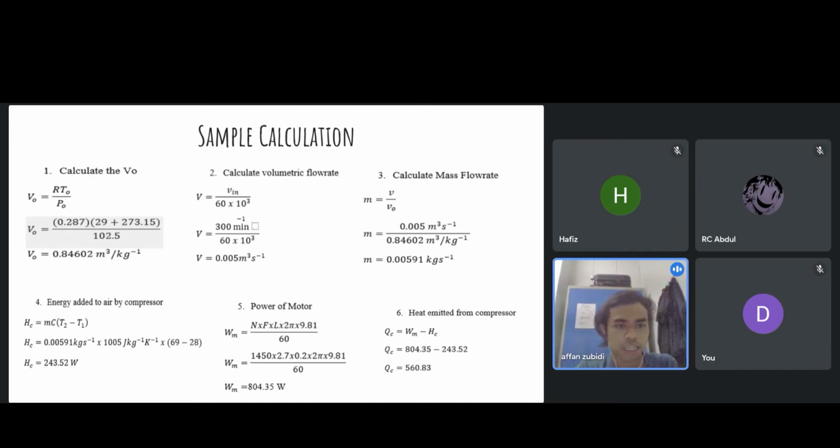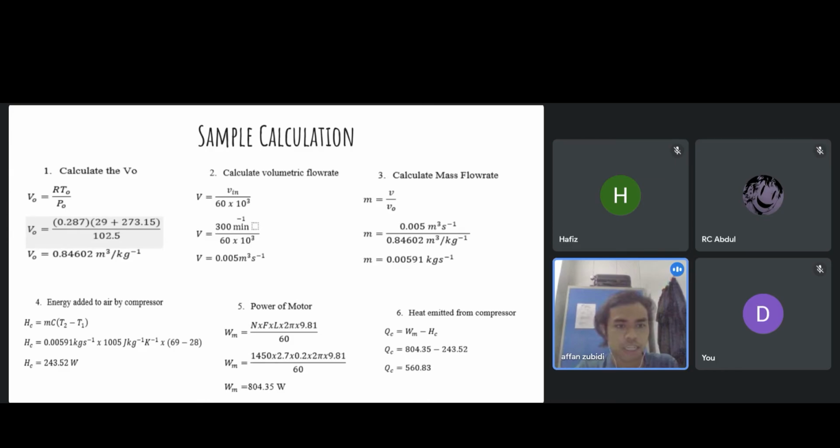So we get the volumetric flow rate is 0.005 meter cube per second. And then we should calculate mass flow rate by using the value of volumetric flow rate and the V naught from step 1 and step 2 just now. So we got the mass flow rate equals 0.00591 kilogram per second.